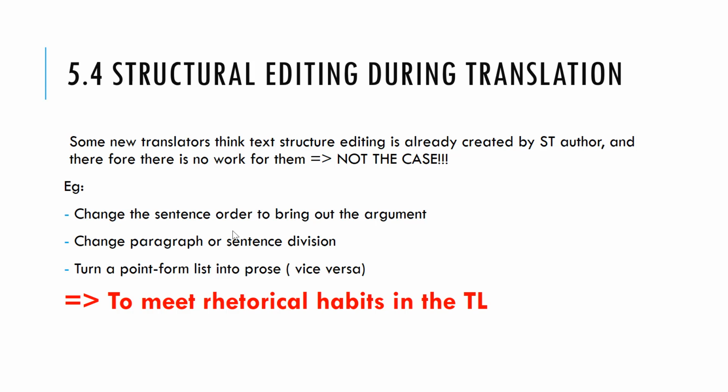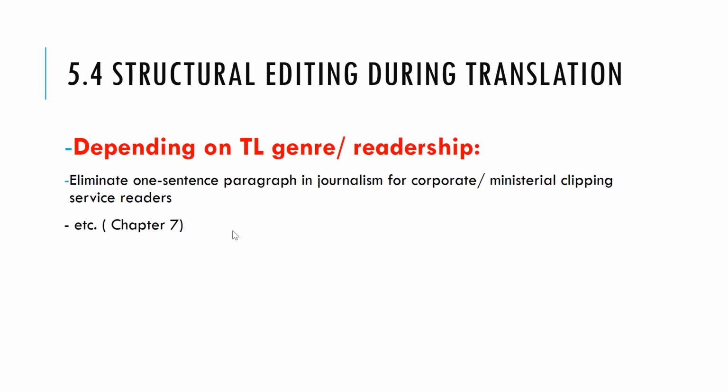So as the reviser, you might replace a lengthy translated heading with a 2 or 3 word heading that is appropriate for the section that follows, just to meet the rhetorical habits in the target language. And you have to depend on the target language genre or readership as well. Okay, so what does that mean?